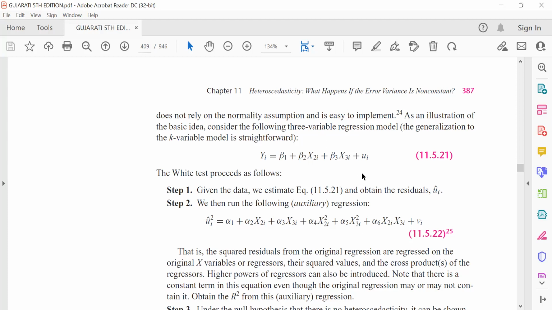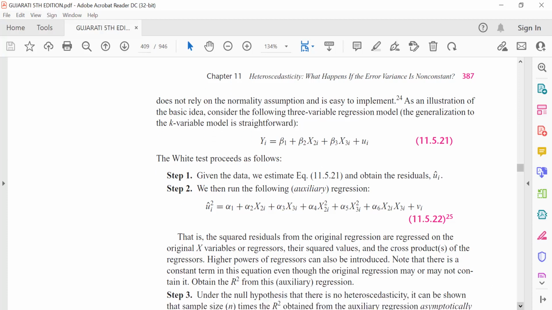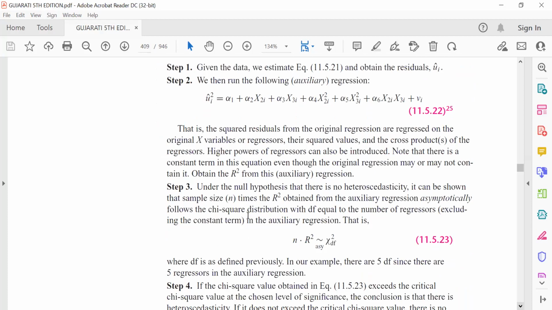If we have 4 variables, for example, we have x2 square, x3 square, x4 square, and then x2 times x3, x2 times x4, and x3 times x4. And then we calculate the NR square.